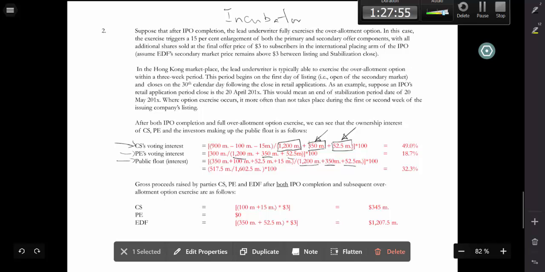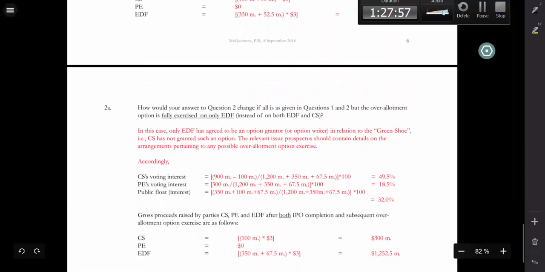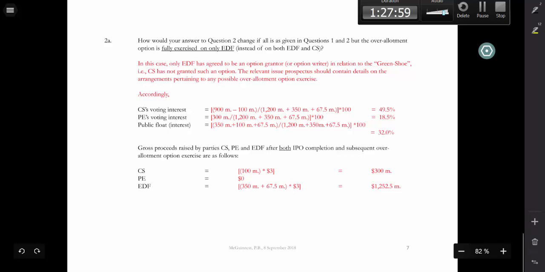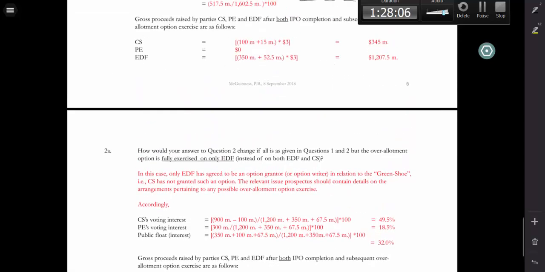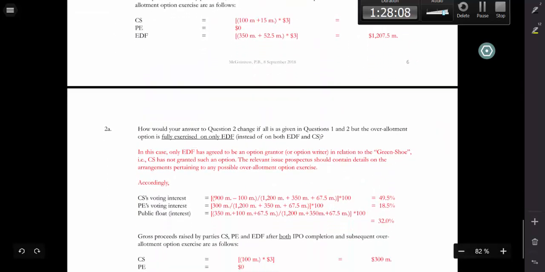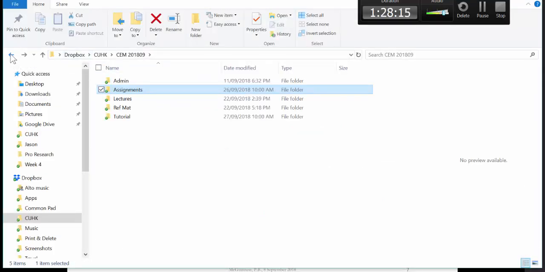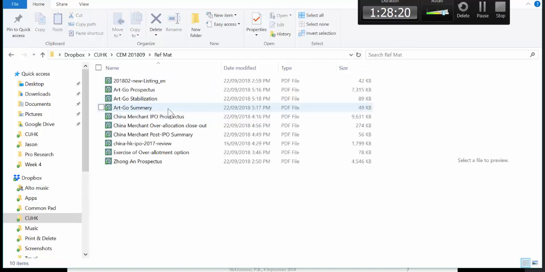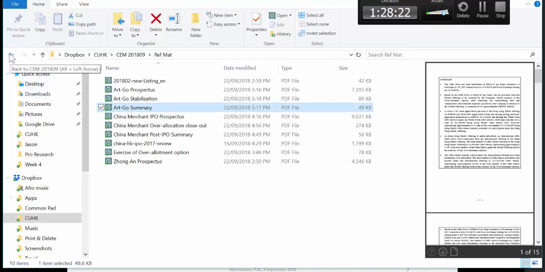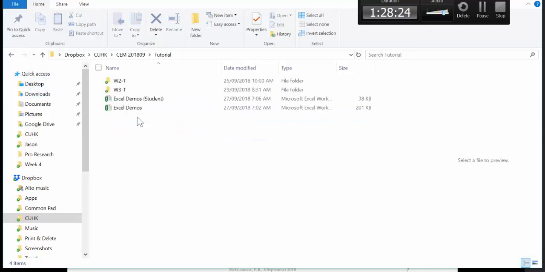So these questions are not really hard. In fact, I knocked out a spreadsheet which I have already uploaded to Blackboard. So you'd find that under reference material.